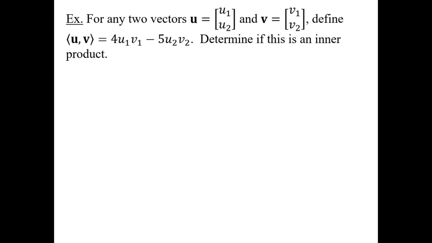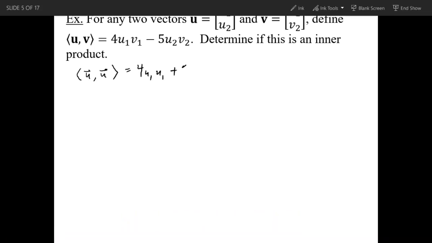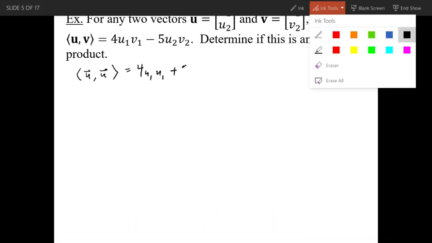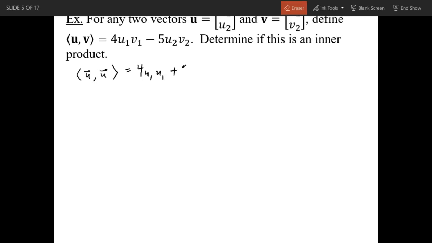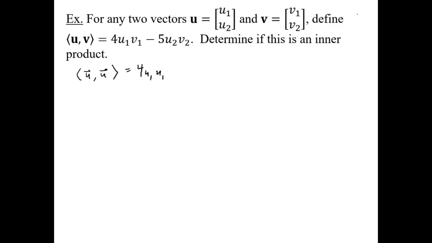Now I want to remind you that if even one of those 4 properties of an inner product fails, then this is not an inner product. And so what we want to notice is actually the first 3 properties are going to work. But what we're going to find now is that if I took the inner product of u and itself, I'm going to get 4u1u1 minus 5u2u2.